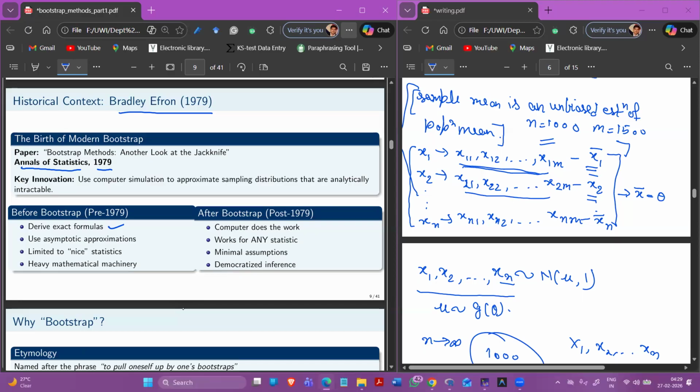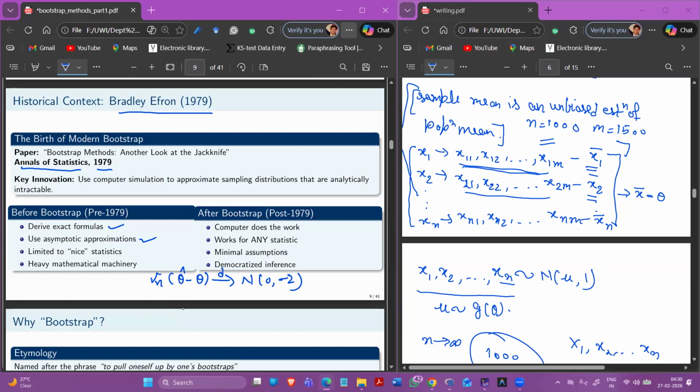No formula existed before this paper, so we used asymptotic approximation, usually the Taylor expansion and limit theorems. Like the theorem that square root of n times (theta hat minus theta) converges to the normal distribution with mean 0 and variance sigma squared. For this, we require a large sample, and so on.